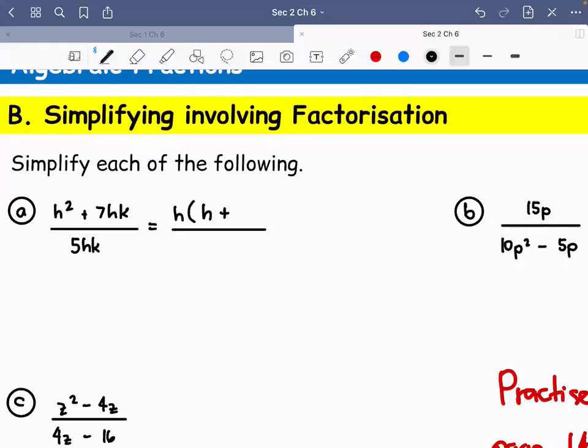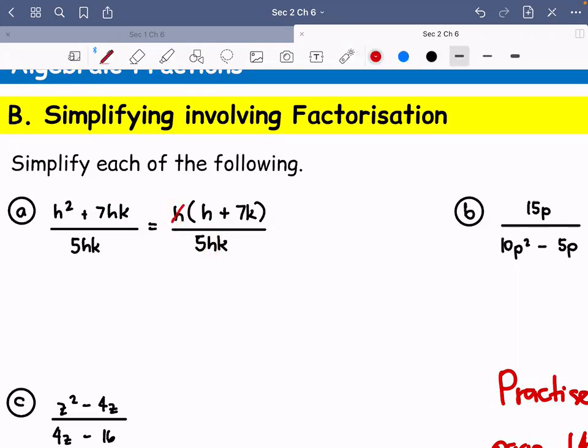And then plus 7hk divided by h is 7k. And then just rewrite your denominator 5hk. And then we can divide h and h, or cancel that, because they're equal.